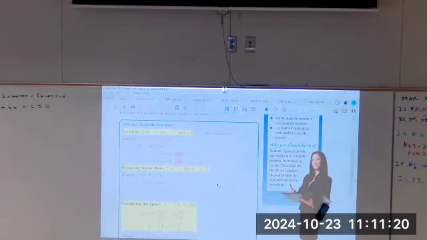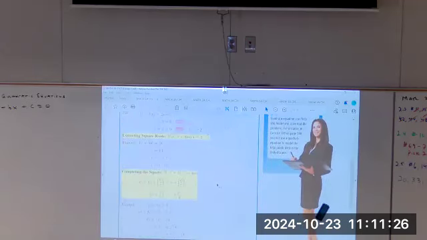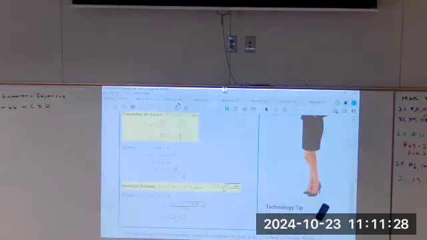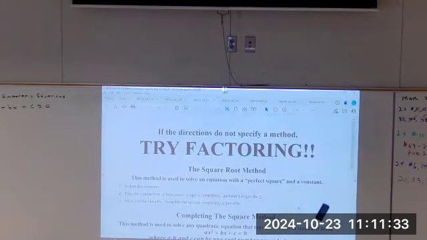Here are the many ways that we could solve this: factoring, extracting square roots, completing the square and the quadratic formula, and I did this. Solving quadratics step by step. I'm going to post this for you.